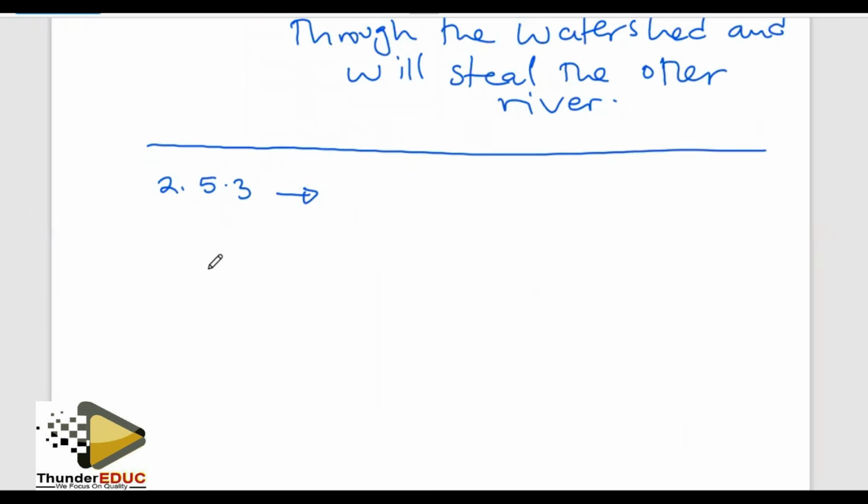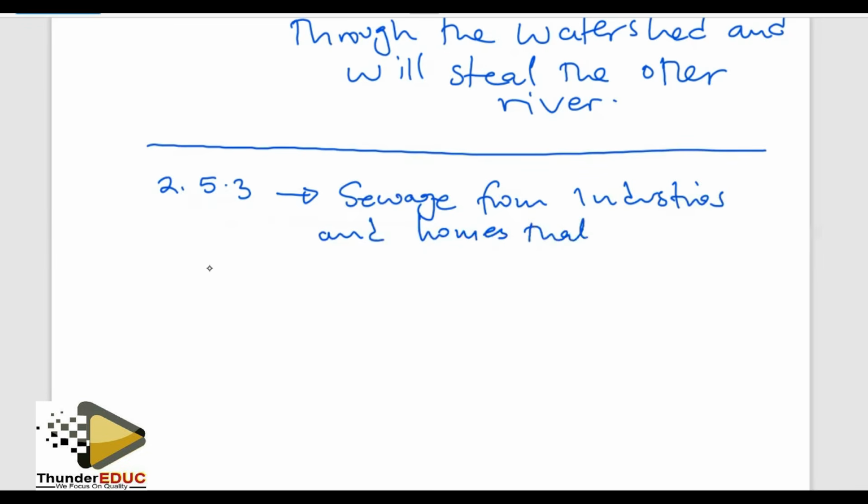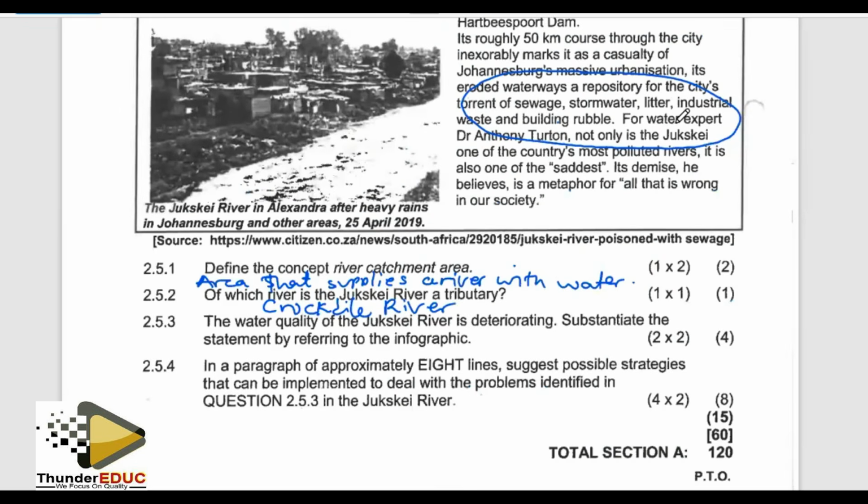So talk about sewage from industries and homes that pollute the Jaskai River. Okay, that's one. Also identified this other part here about urbanization.